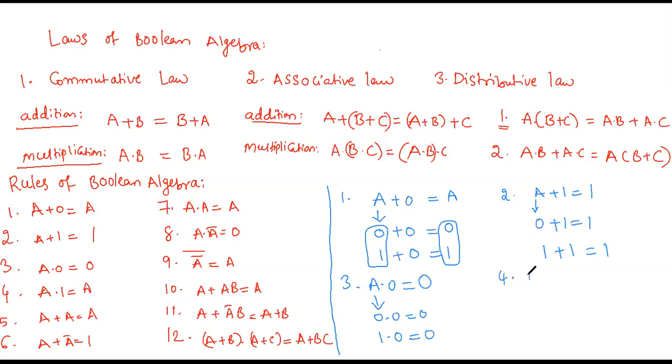Fourth one, A dot 1 is equal to A. Now first take A is equal to 0, 0 into 1, 0 only. Now take A is equal to 1, 1 into 1, 1 only. Now observe, whatever the value of A you are taking, the result is same. So you can generalize A into 1 is equal to A.